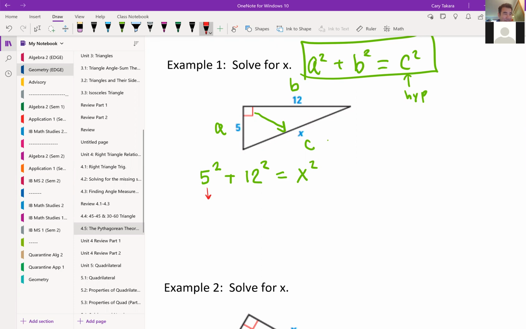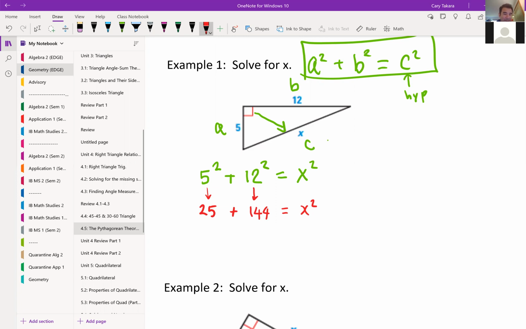It's a very common mistake. Don't do 5 times 2. It's 5 times 5. So that's 25. Does anybody know what 12 squared is? 12 squared is 144. Thank you. Equals x squared.